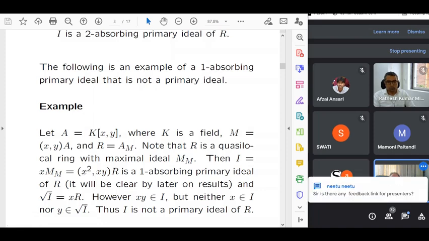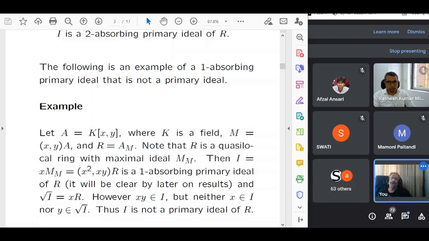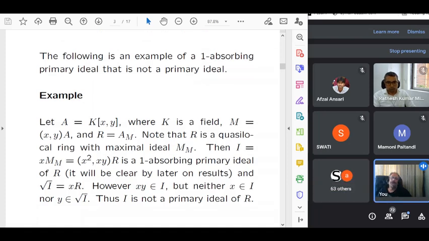So you come up with that. This ideal is one absorbing primary, however xy is in I, but neither x in I nor y in the radical of I. So what we conclude, this is an example of a one absorbing primary ideal that is not primary.